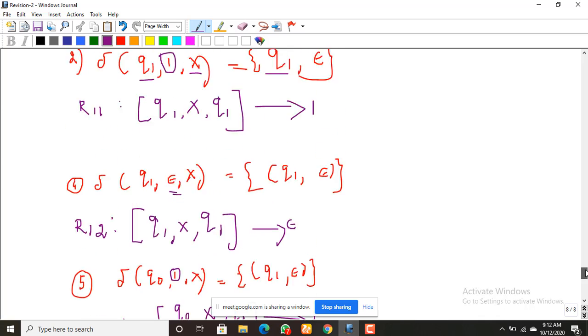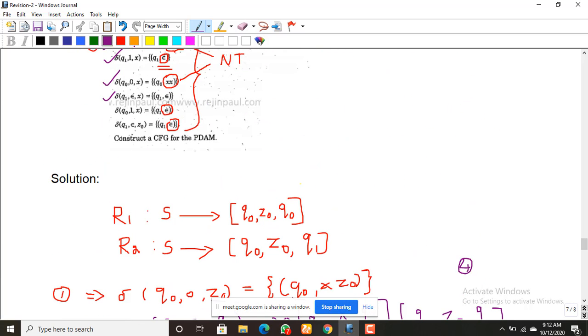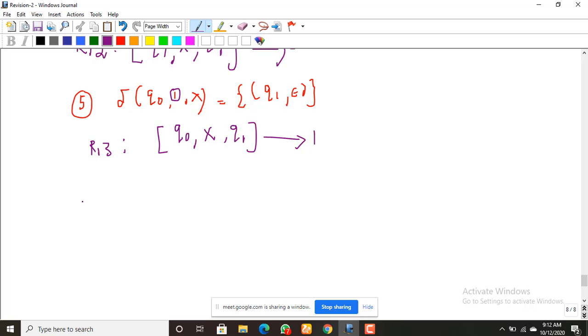Next, the last ID. This is over. The last one, Q1 epsilon, is it not? So the last ID is delta of Q1 epsilon, which is equal to Q1 epsilon.